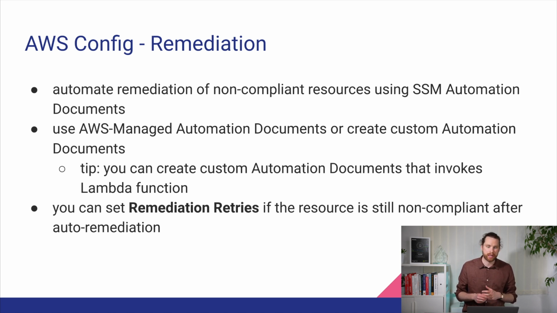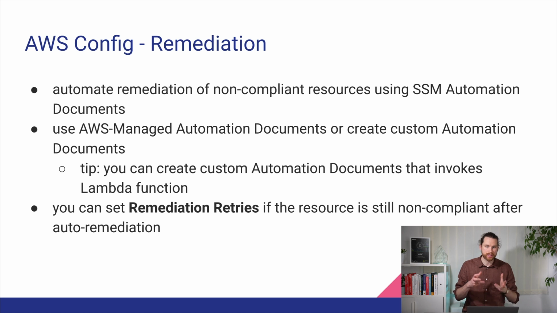This is basically a set of steps that AWS Config will perform if a resource becomes non-compliant. If the remediation action wasn't successful, you can configure remediation retries until it succeeds.